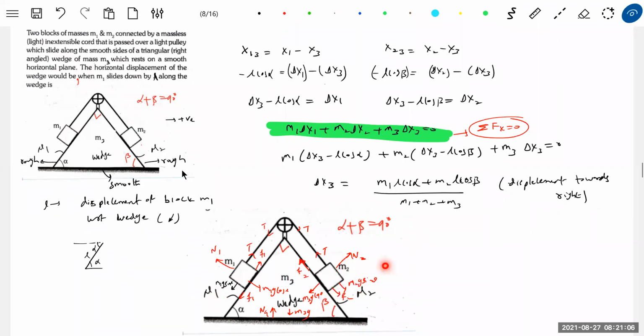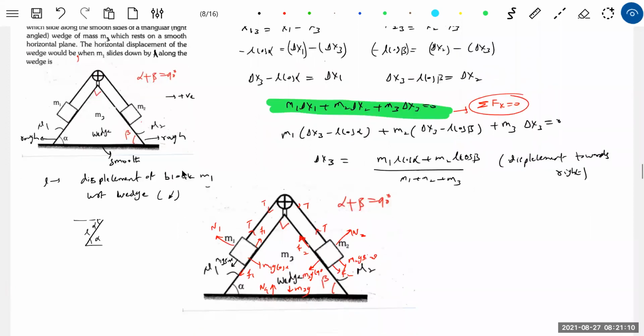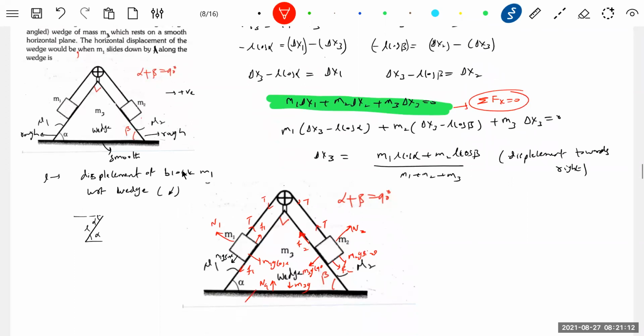N2 sin beta, N2 sin beta. N1 sin beta, N1 sin beta. T cos alpha, T cos alpha, T cos beta, T cos beta. Net force on system along x-axis is 0. Therefore, delta xcm is 0. That's why I am writing this one.